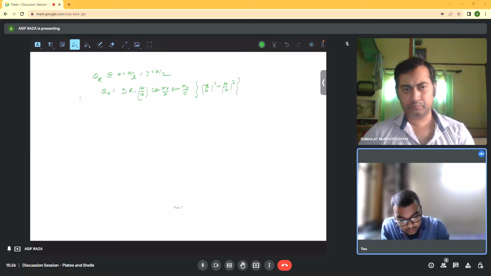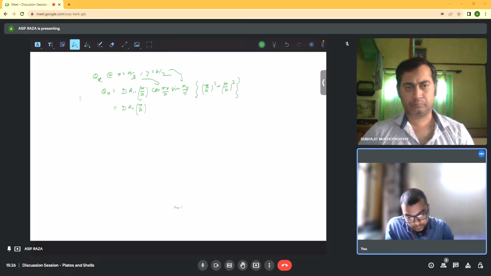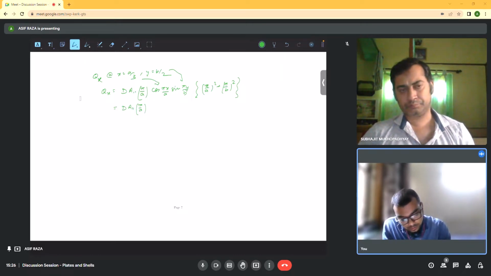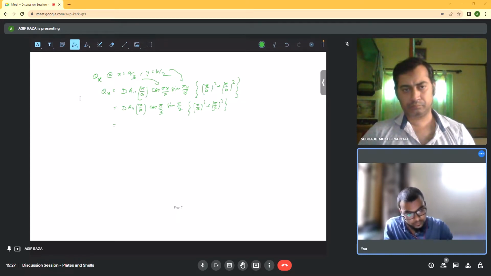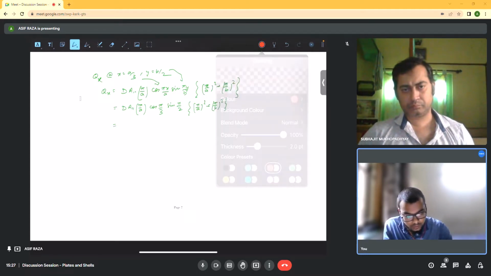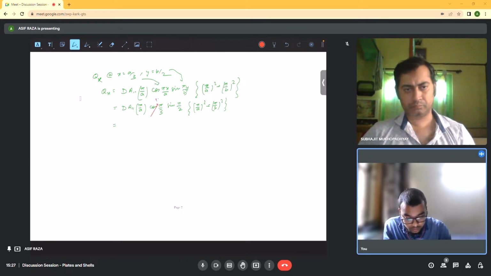And we substitute a by 3 here, b by 2 here, we get D a11 (π/a) cos with x equal to a by 3. This gives me cos(π/3) and this gives me sin(π/2). So cos(π/3) is equal to 1 by 2, and sin(π/2) is equal to 1.